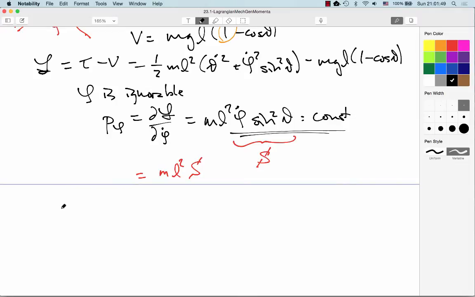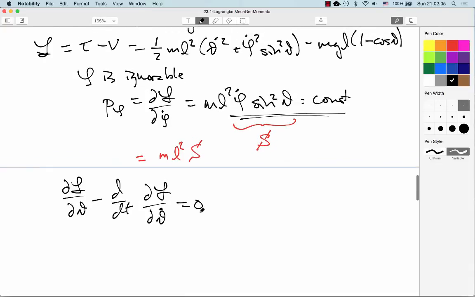So let's go ahead and write up Lagrange's equations of motion in theta. See what we get. Partial L partial theta minus d/dt of partial L partial theta dot equals 0. All right, so partial L partial theta. Oh, we've got two terms with that. We've got this sine squared theta, and then we've got this cosine theta term.